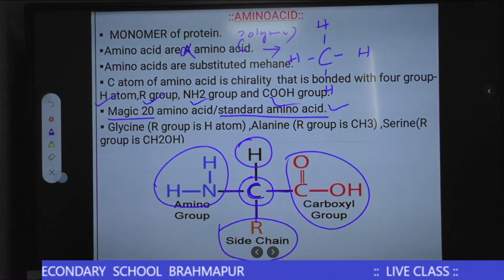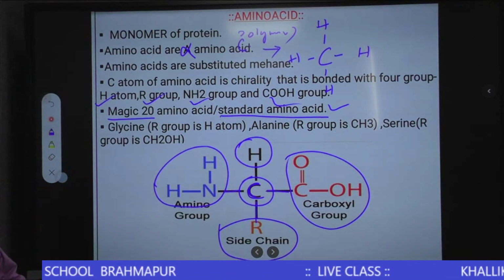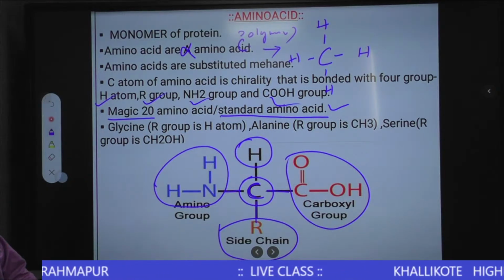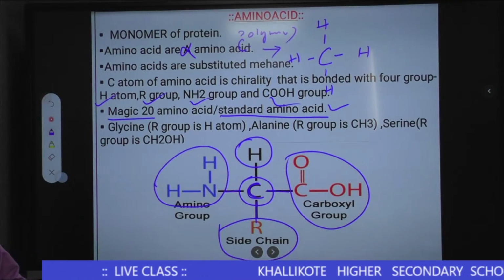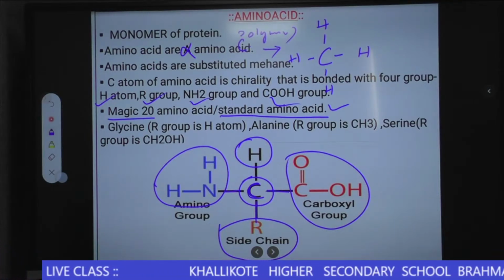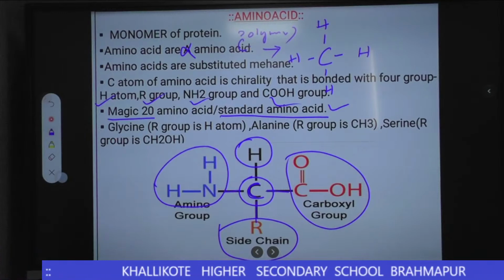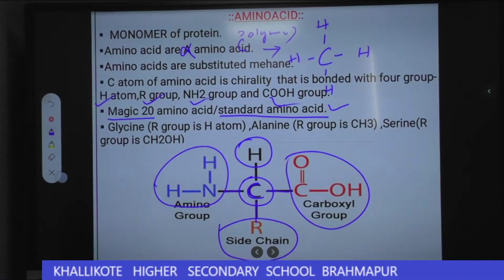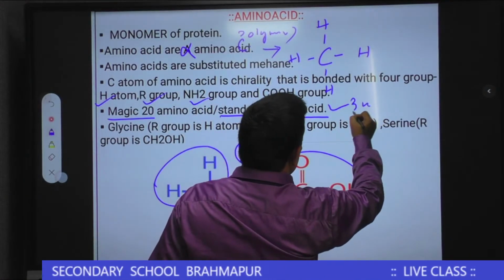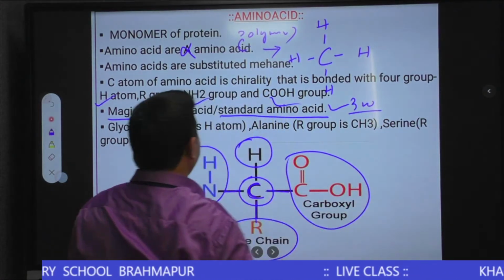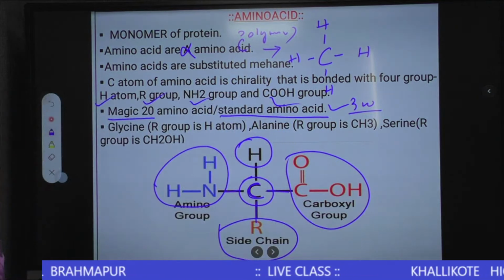Other amino acids are also available; they are called non-standard or non-protein amino acids. About 300 to 400 non-standard amino acids are also present.